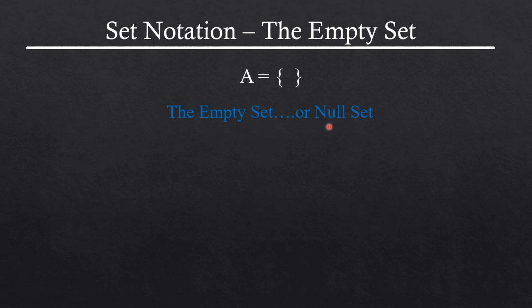You'll often see it written with an empty set of brackets. You will also see it written with a 0 with a slash through it. Let's talk about these 3 different ways you will see this written, because they mean 3 different things.